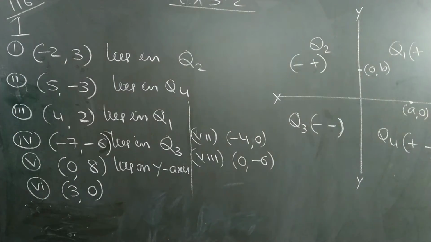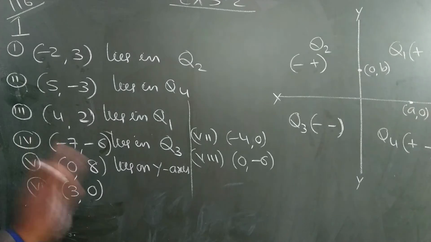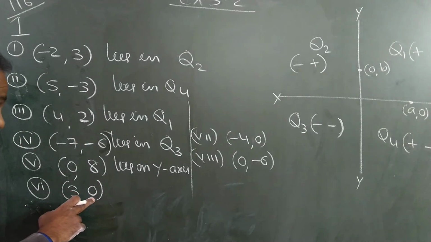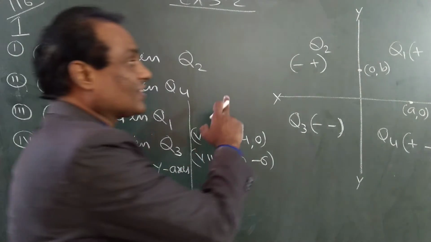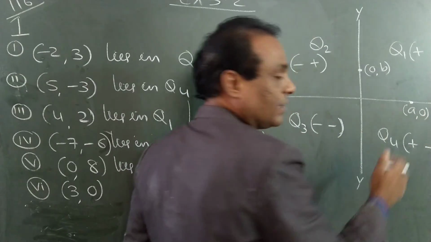This lies in which quadrant? No, it will not lie in the quadrant because 0 means it doesn't lie in any quadrant. So it should lie on x-axis or y-axis. Y coordinate 0 means lies on x-axis. Any point on x-axis, y value will be 0.